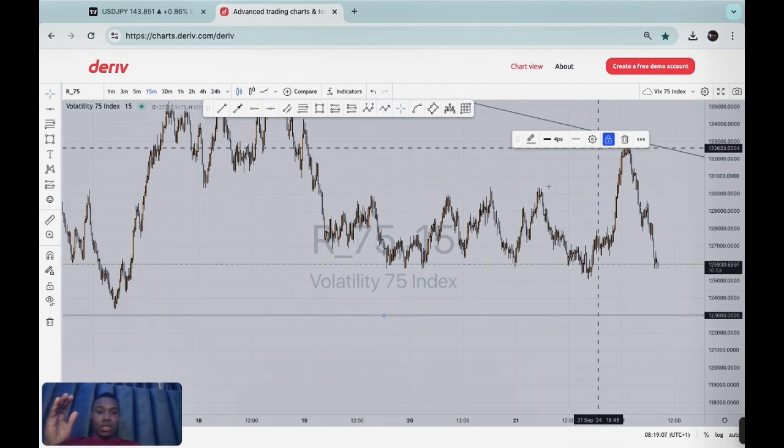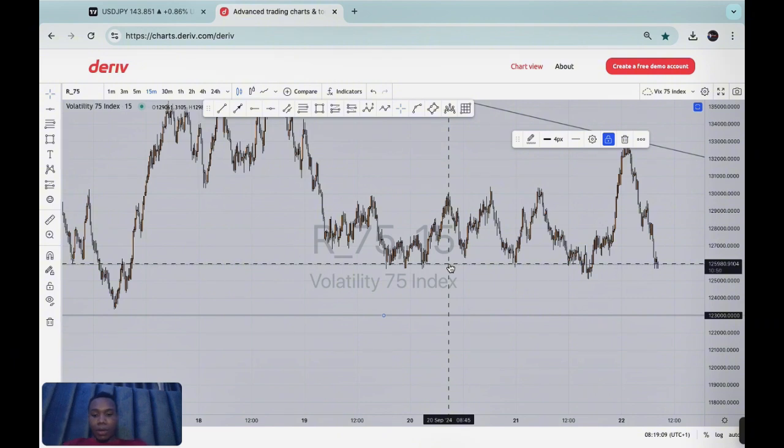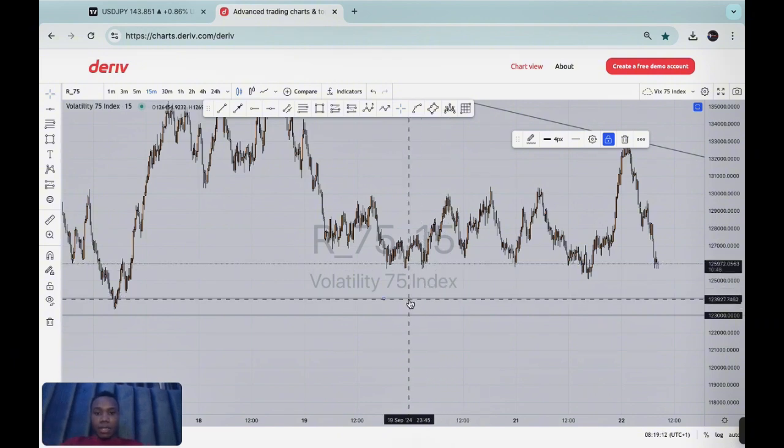I want to lock this so that I don't move it around when I'm moving my mouse. So copy and paste, that's what I just did.